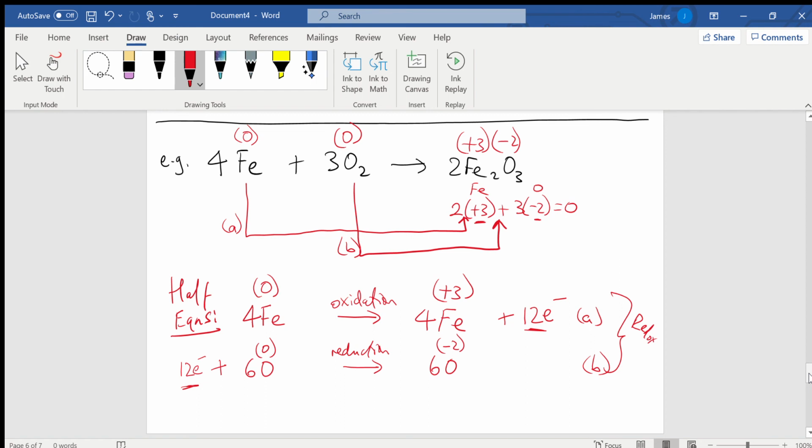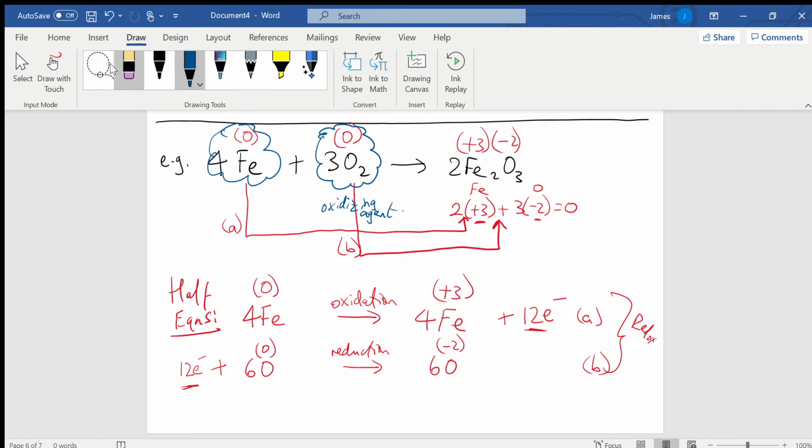The oxidizing agent undergoes reduction, so I know that, let's change this to blue again. I know that this entire structure is the oxidizing agent, because it was half equation B, and the oxidizing agent undergoes reduction. And I know that the reducing agent undergoes oxidation. So this chemical, not really the number 4, but just the chemical ion.